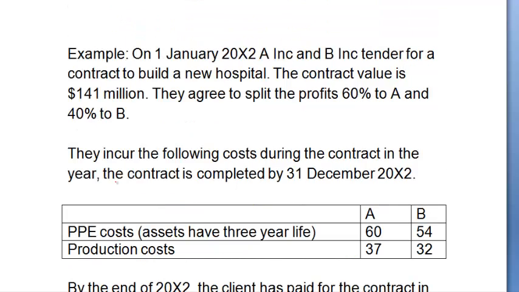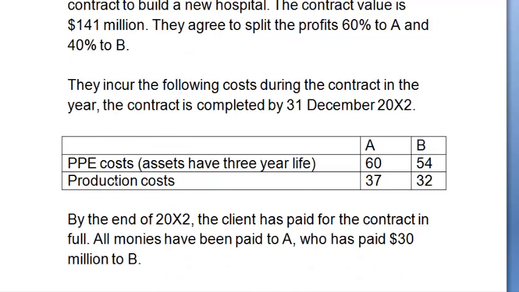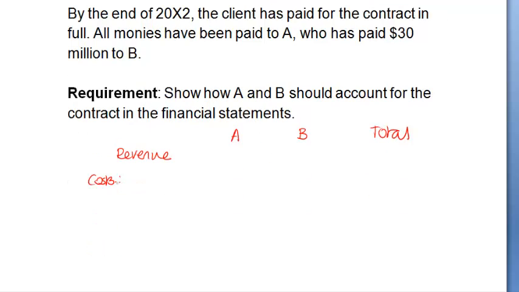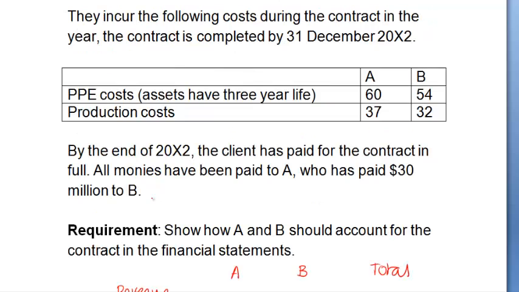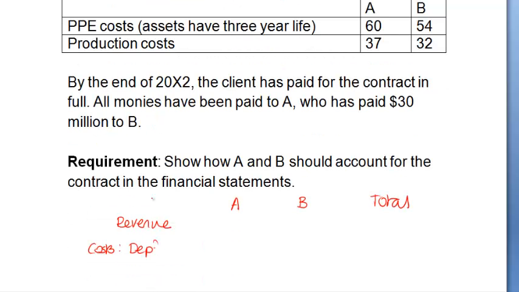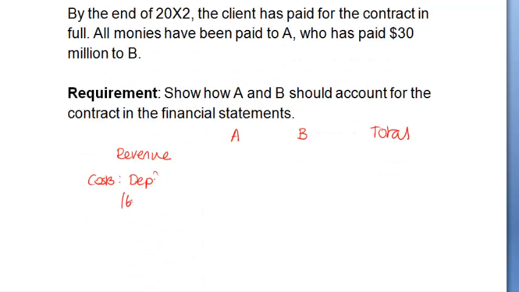The PPE has got a 3-year life, so our depreciation is going to be 60 divided by 3 and 54 divided by 3. So our depreciation will be 20 and 18. So that gives us a total of 38.